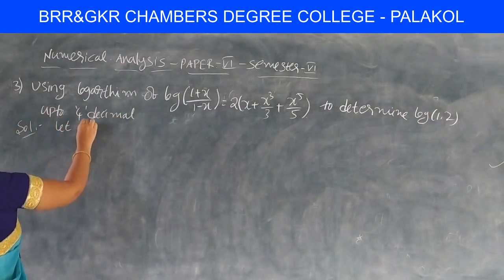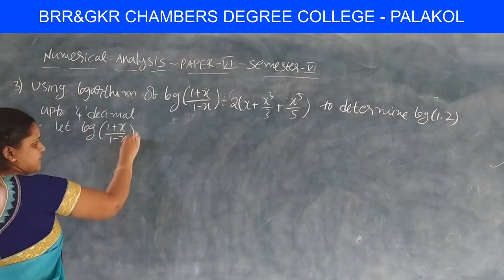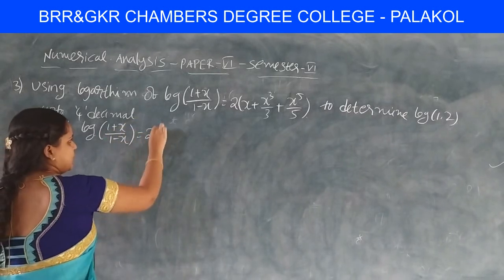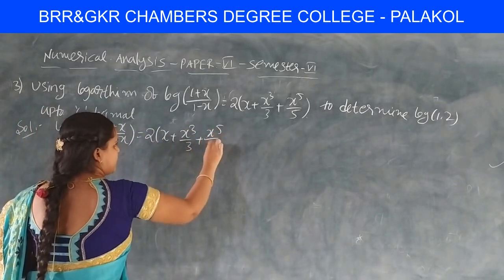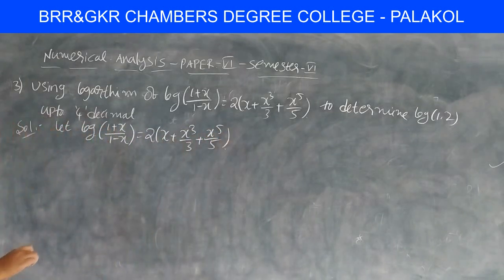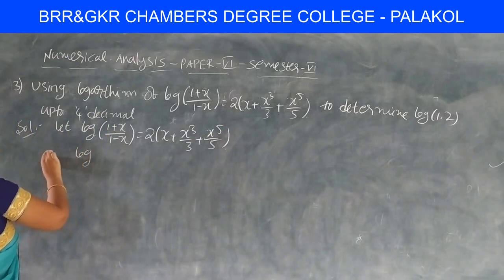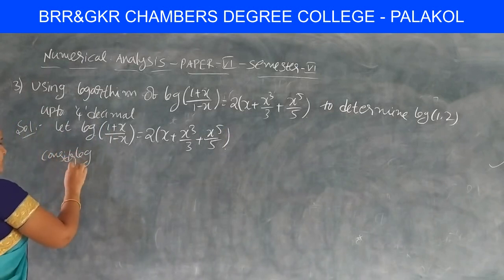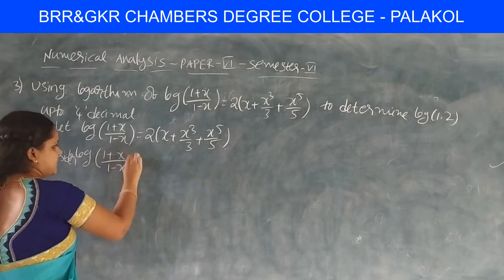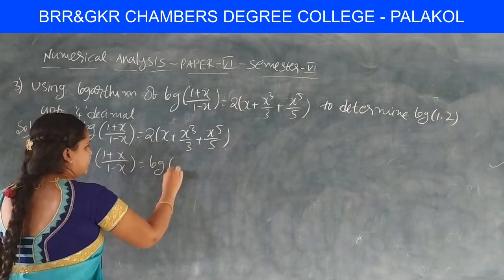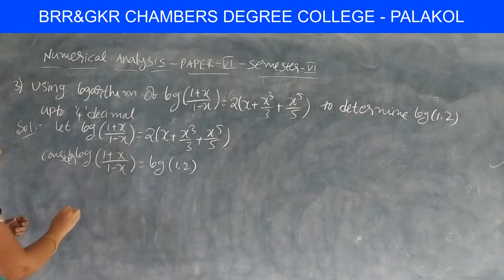Let log (1 plus x) by (1 minus x) is equal to 2 into x plus x cube by 3 plus x power 5 by 5, and also consider the value log (1 plus x) by (1 minus x) is equal to log 1.2. Cancel off the logarithm on both sides.